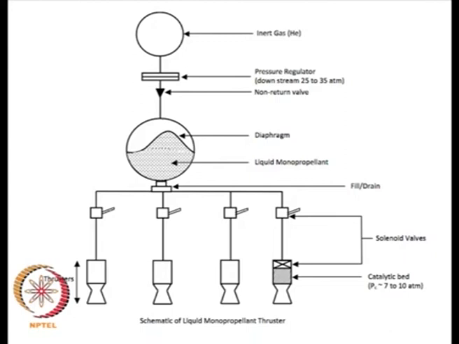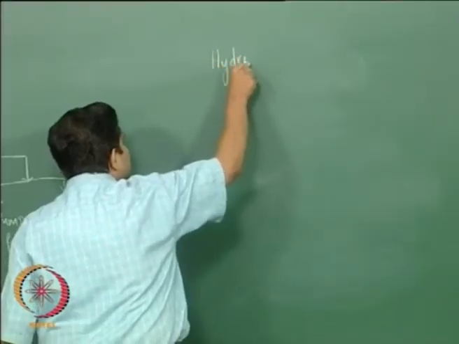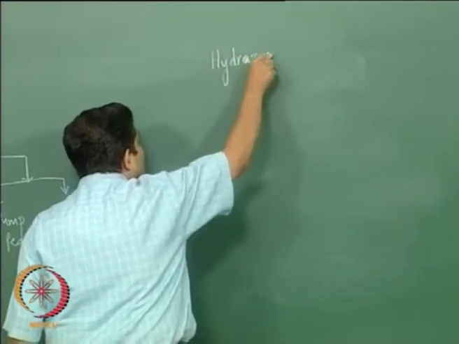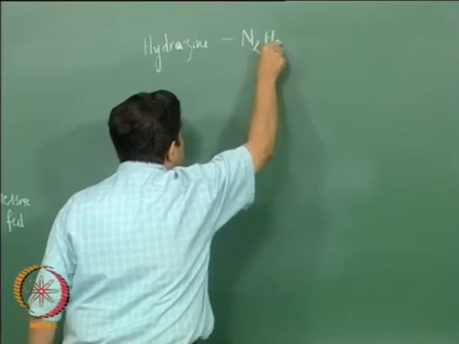Then you have the liquid monopropellant here. There are two liquid monopropellants that are typically used. One is hydrazine, or N2H4.